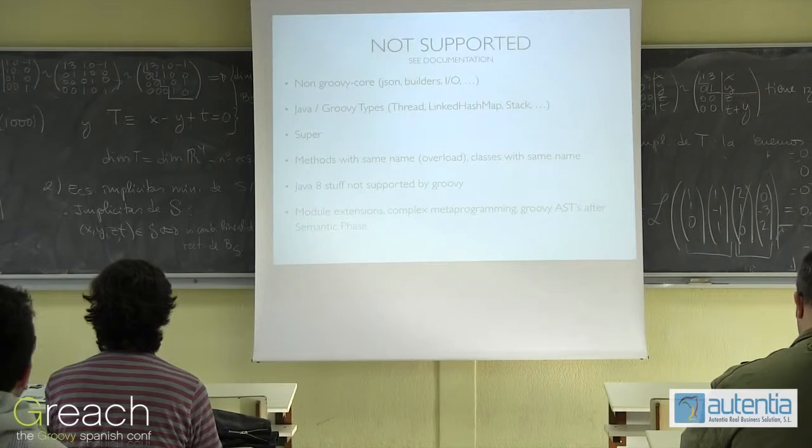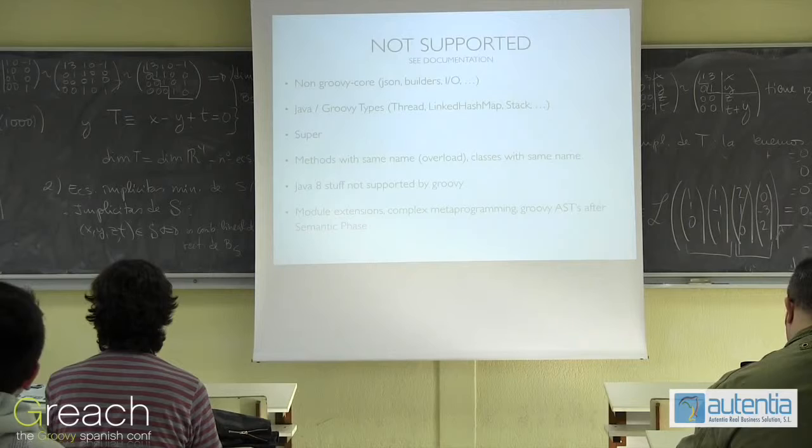And if you have two methods with the same name, that is not supported. Because, as you have seen, the JavaScript code that I generate is simple, and I don't want to add a lot of complication to do that kind of overloading as in Java.